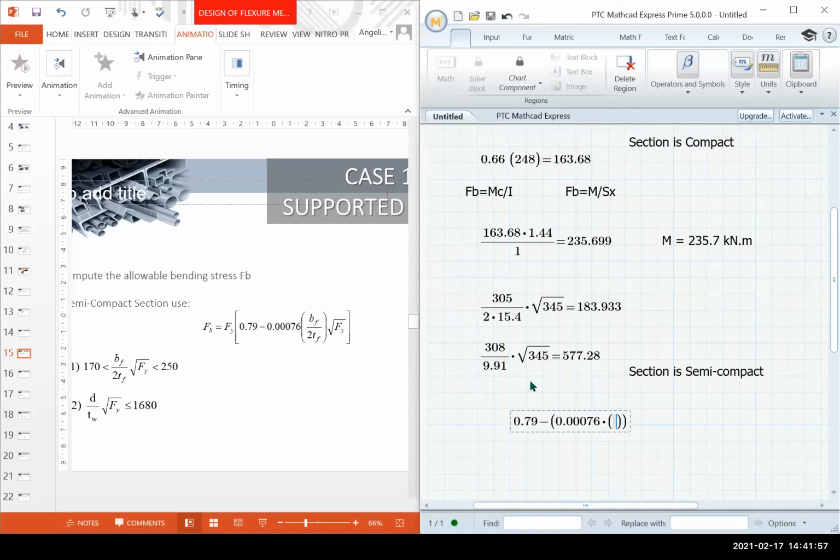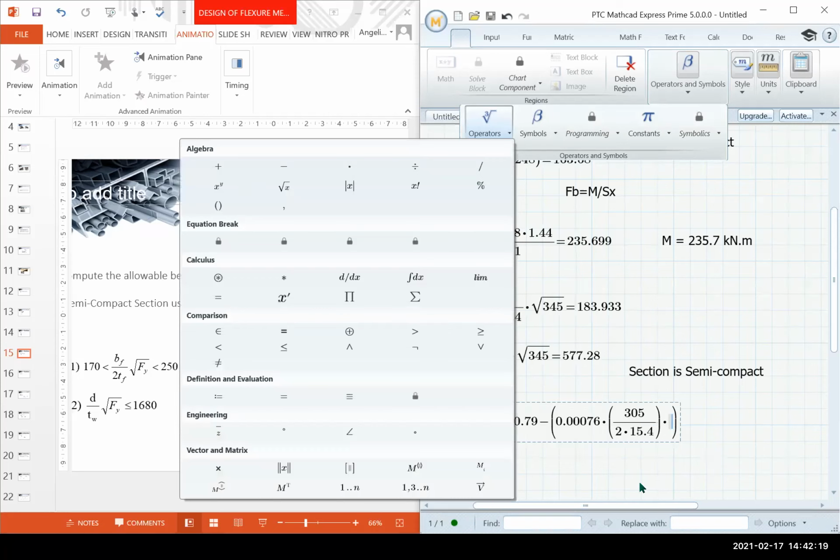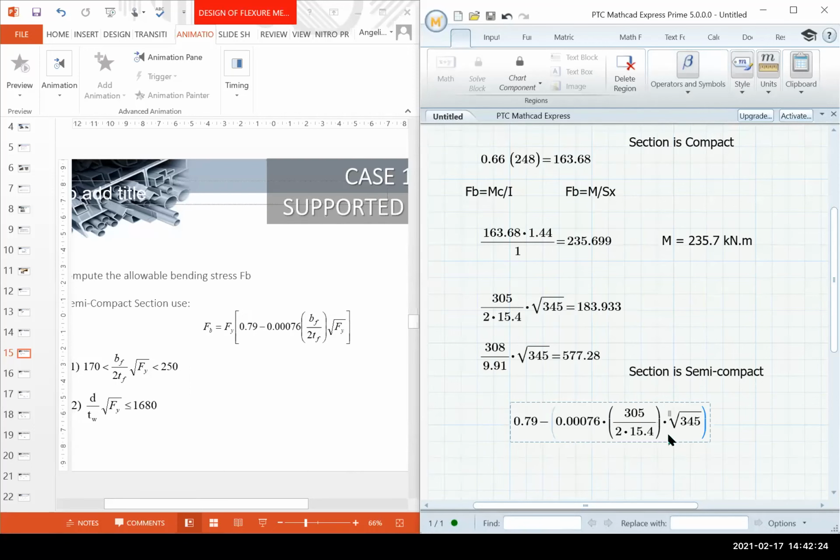Ang BF natin is 305 all over 2 times your TF. Ang TF natin is 15.4. Then multiplied by square root of Fy, which is 345. This will give us 0.65. Now, if you notice, hindi pa siya, na multiply pa natin yan sa FY.